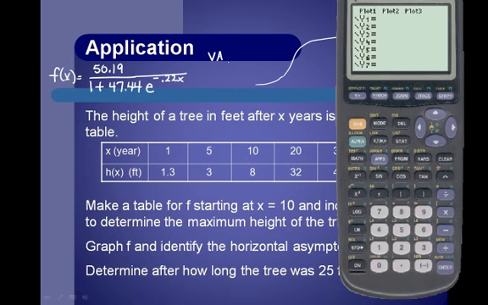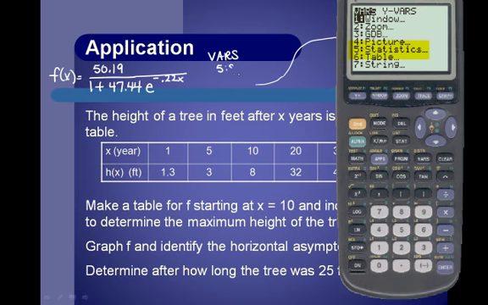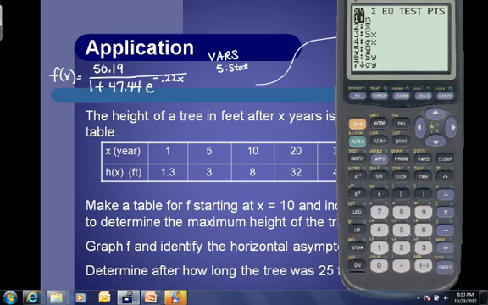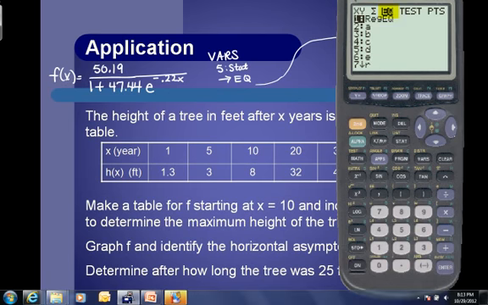So what you're going to do is start out with vars, which is right beside the clear button. First thing you're going to do is go down to number 5, which is Stat, because that's where we put everything in our problem. Then we're going to arrow over 2 places to where we get to equation, because we are looking for the logistic equation.